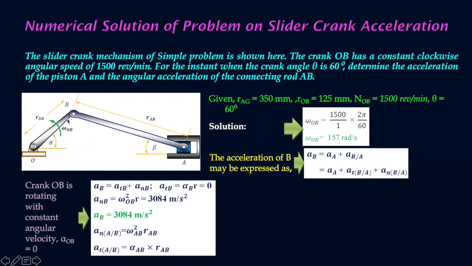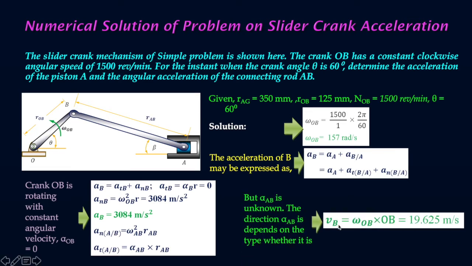You notice that this point has no angular acceleration, but the connecting rod definitely has some angular acceleration, as it is subjected to not only this rotation but also a linear motion that causes the angular acceleration here.